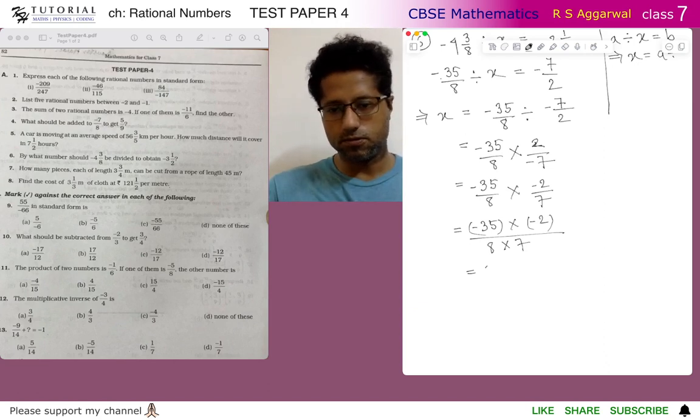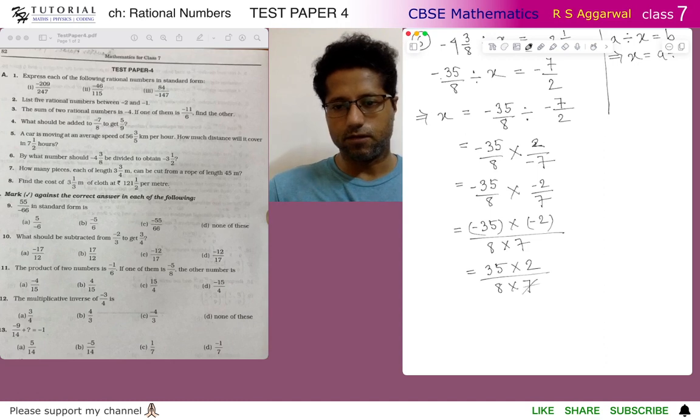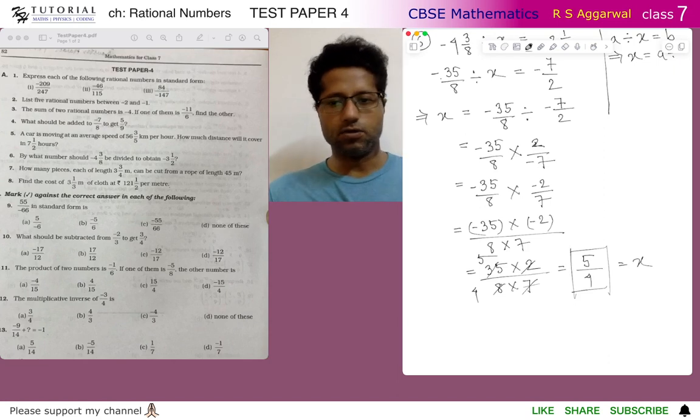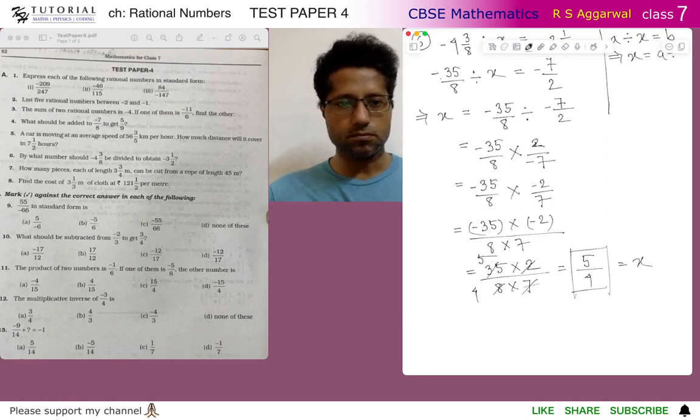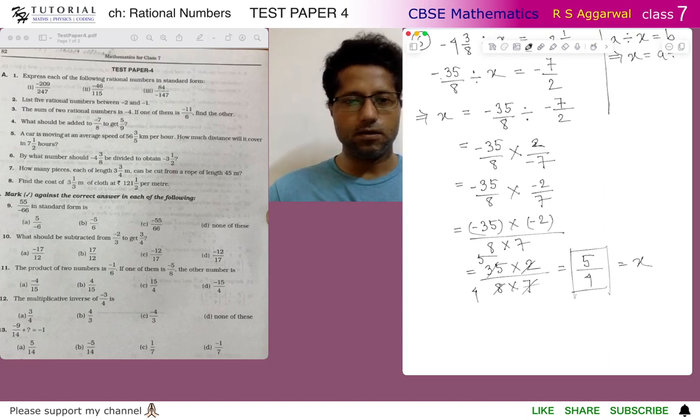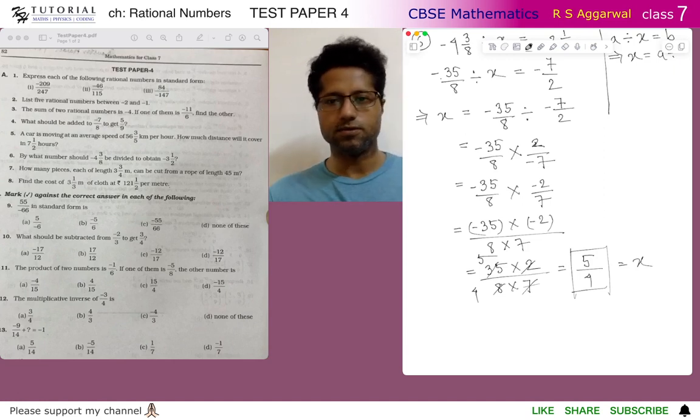So this becomes 35 multiplied by 2 divided by 8 multiplied by 7, and after cancellation this becomes 5 by 4. So x is 5 by 4. So the number that should divide minus 4 3 by 8 to give minus 3 and a half is 5 by 4.